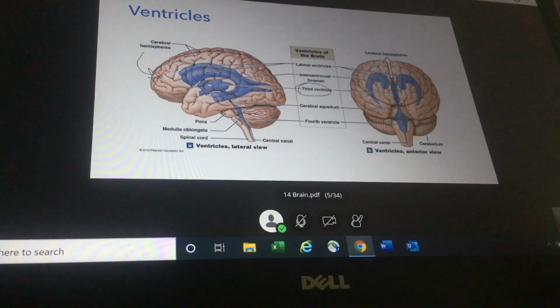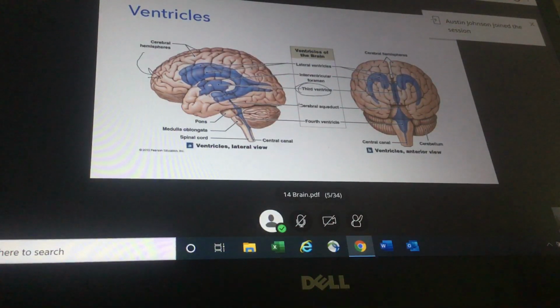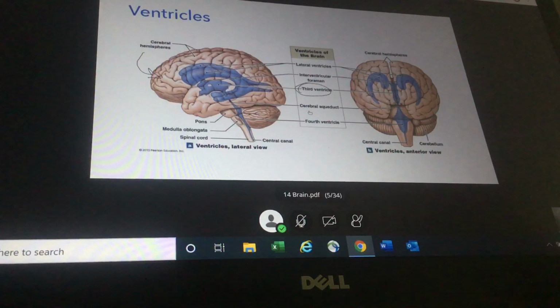And this is mentioned in your lecture notes. This one right here, it is in bold. So I do want to make a deal out of it. This tube from the third ventricle that flows the CSF down into the fourth ventricle is called the cerebral aqueduct. You can see in the middle of page 155 of your lecture notes, it's also called the mesencephalic aqueduct.